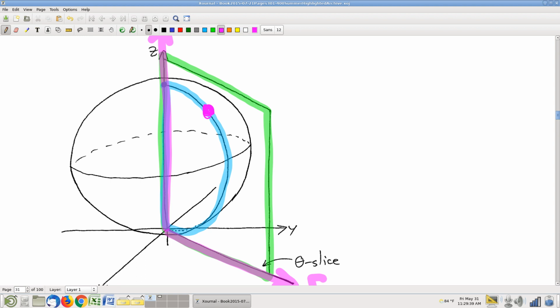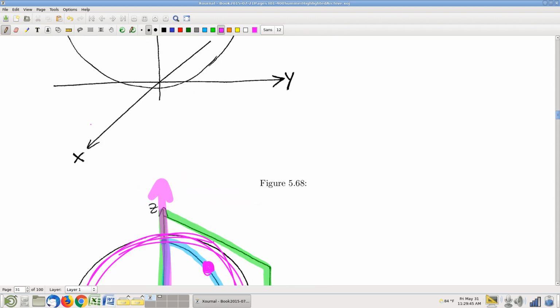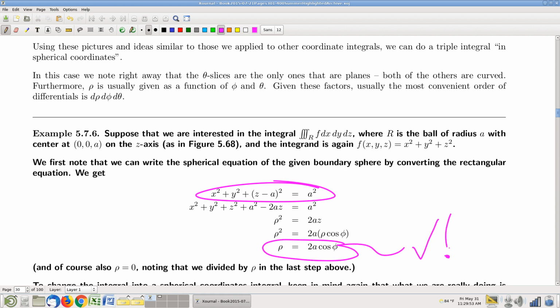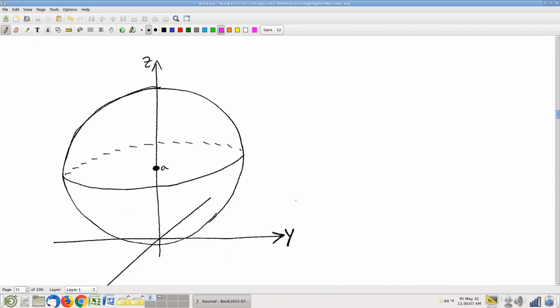And that point is on the sphere, and that sphere, we've already worked out, has this equation, which of course in spherical coordinates is this equation. So what I know about rho at that point is rho is already solved for. And it's 2a cosine phi. So let's write that down over here.